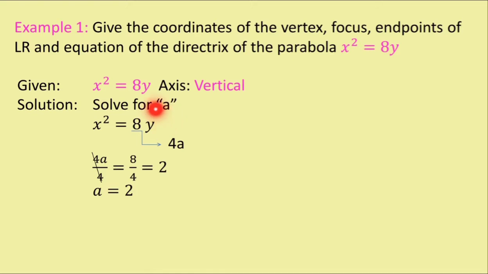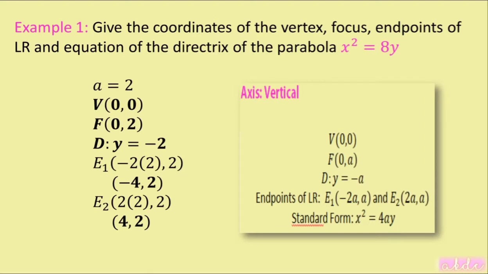And a can be found from the numerical coefficient of y. 8 is for 4a, but we are only looking for a, so we have to divide 8 by 4. So a equals 8 divided by 4. 8 divided by 4 is 2, meaning our a is 2.